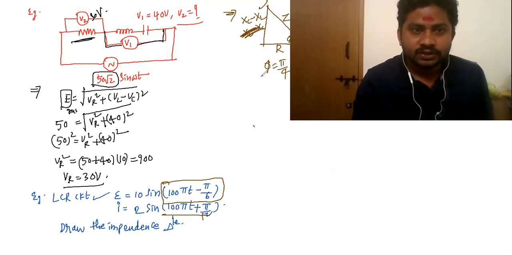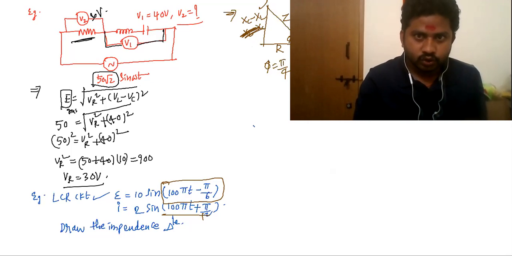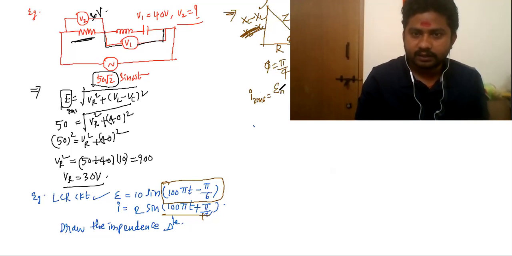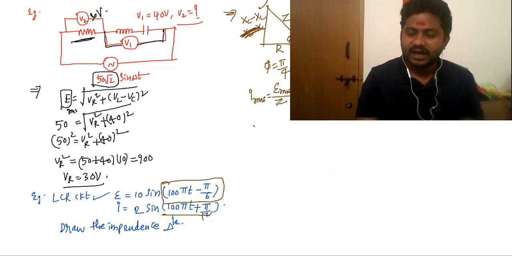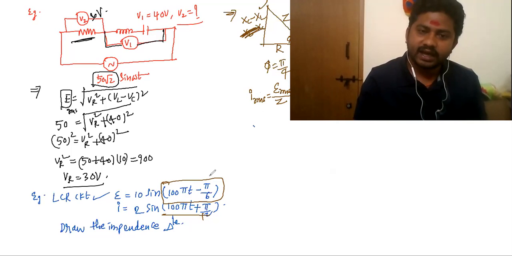All right, so let us start. What is the Z value here? My dear students, IRMS is equal to ERMS by Z. I'm talking about the complete circuit. So what is IRMS here?